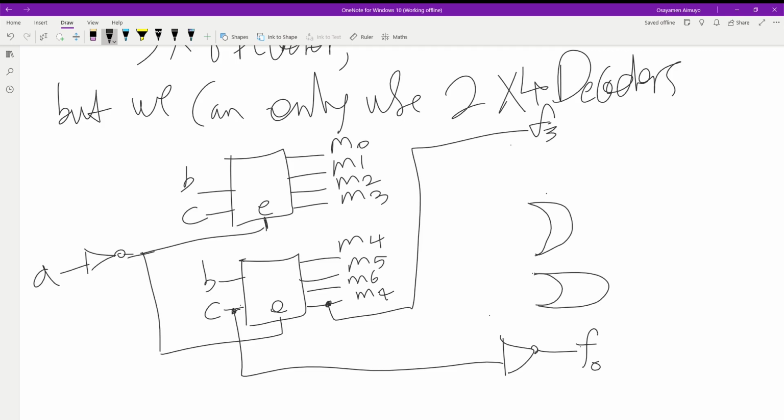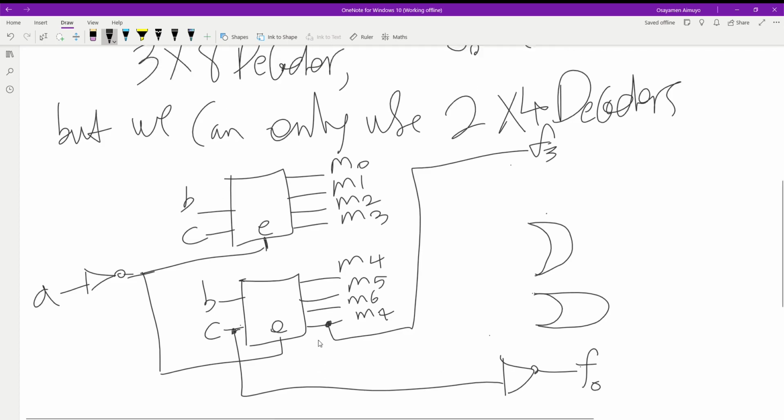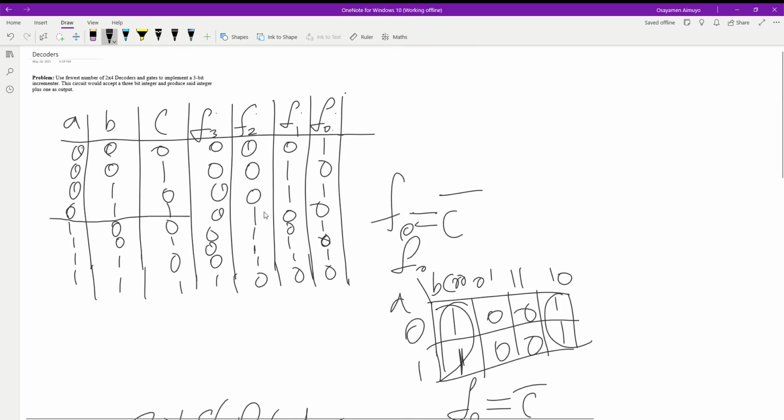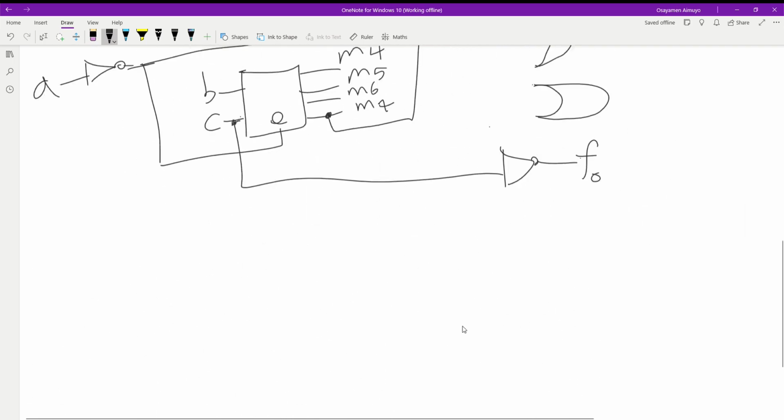This is F3. And then F2 is just minterm 3, minterm 4, minterm 5, and minterm 6.